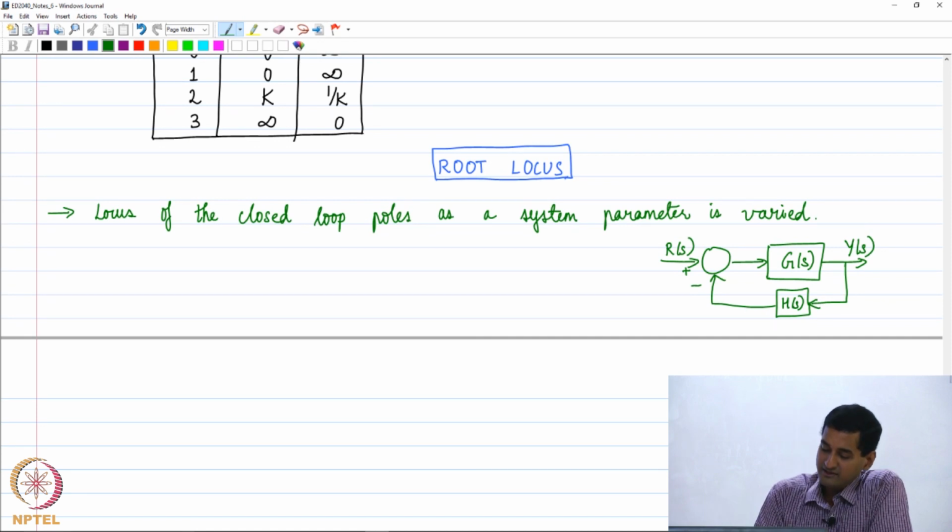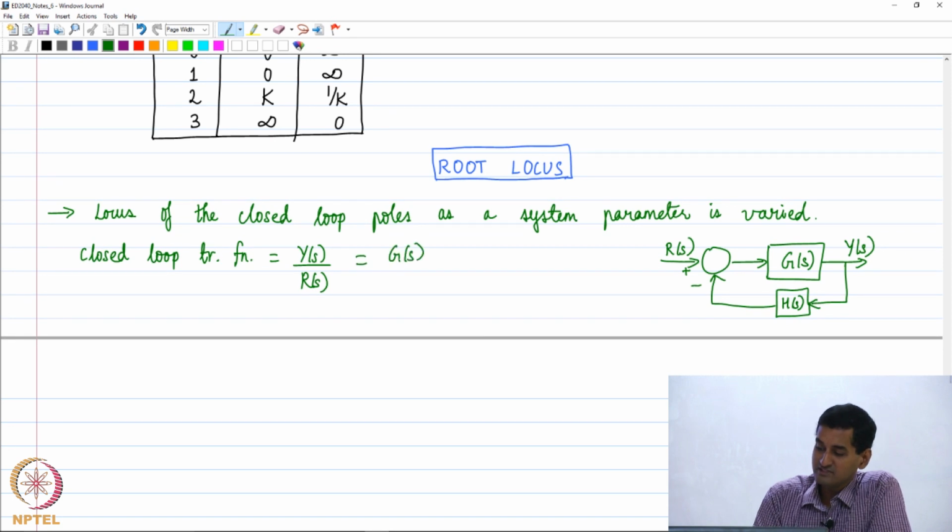Immediately the closed loop transfer function, which is nothing but Y of s divided by R of s, we already know is going to be equal to G of s divided by 1 plus G of s H of s.